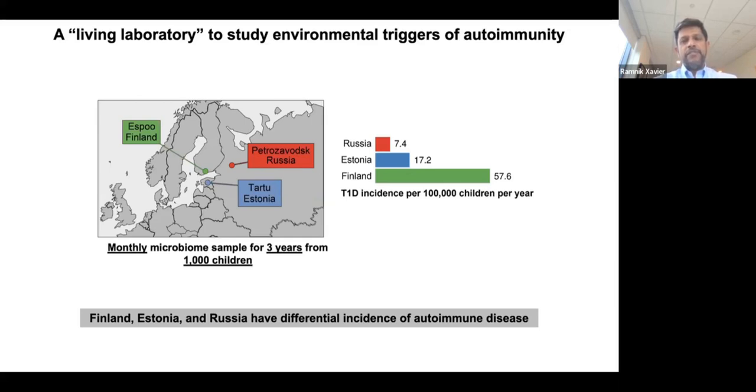All these individuals had the same risk of type 1 diabetes, so they were HLA genotyped to be sort of a common starting genetic risk. And the studies were done when these children were mostly breastfed, so their diet, again, was very similar if you happen to be born in Finland versus Russia.